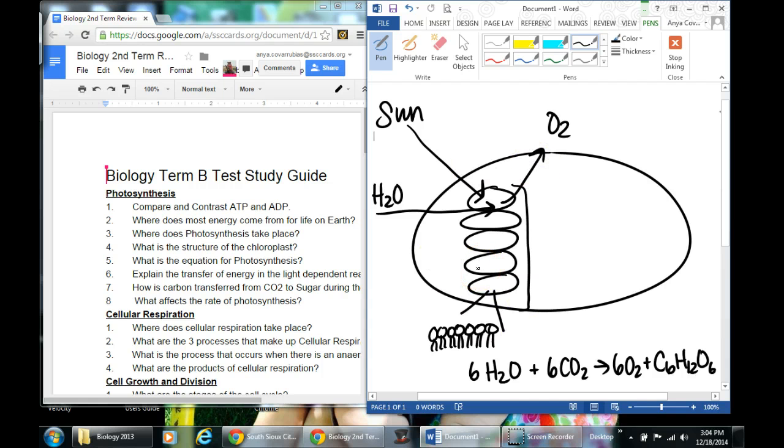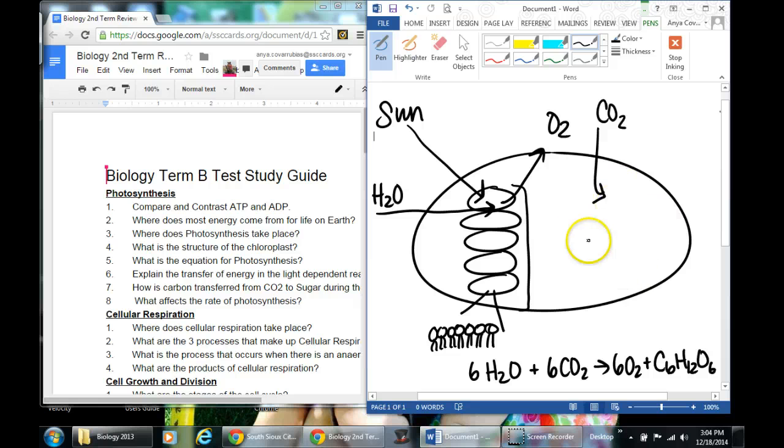And then in the stroma, on the outside, in between areas of the thylakoid, is where the Calvin cycle takes place. And the Calvin cycle is going to be where we change the carbon dioxide that is going into the plant. This is from us breathing.